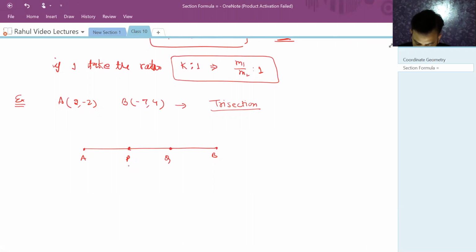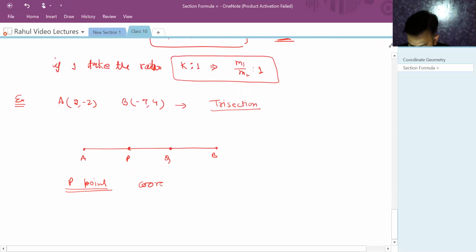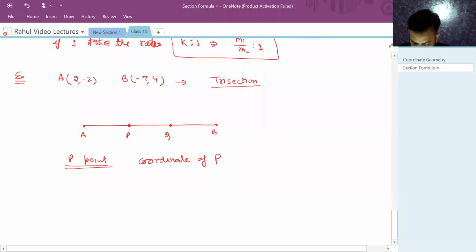If I talk about P point, and you have to find out the coordinate of P, you know that A x1 y1 equal to 2 minus 2 and B x2 y2 is minus 7 4.